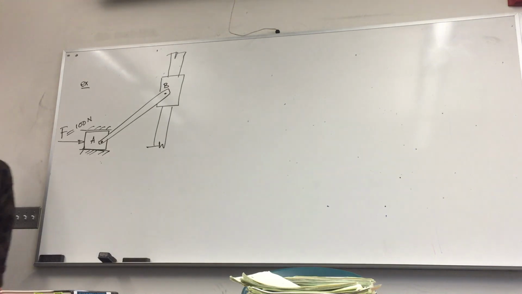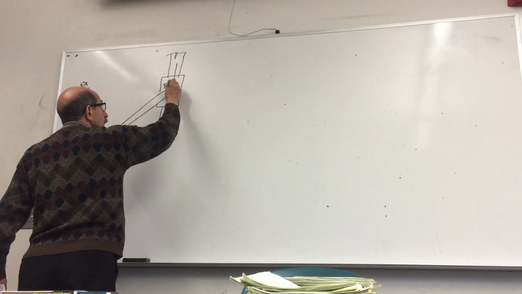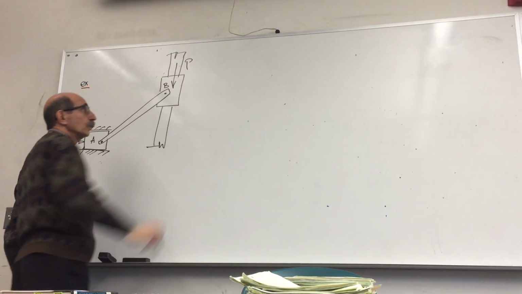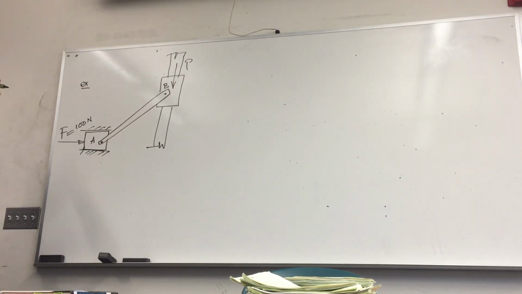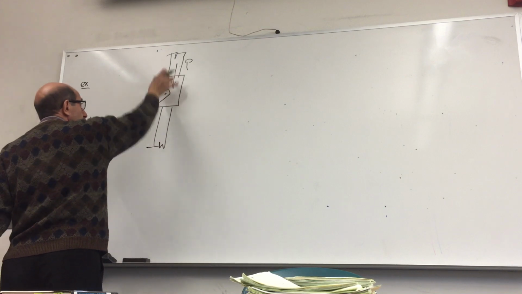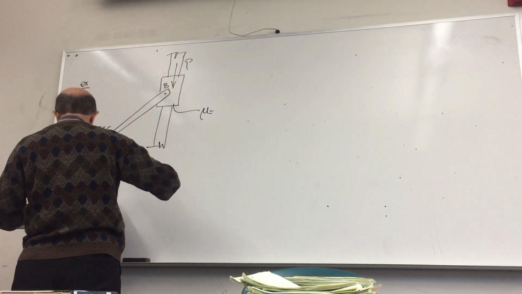So what we want to do is keep this system in equilibrium by applying a force P downward on this piece. And there is a friction between this and, of course, the rod. Coefficient of friction is given as 0.2.